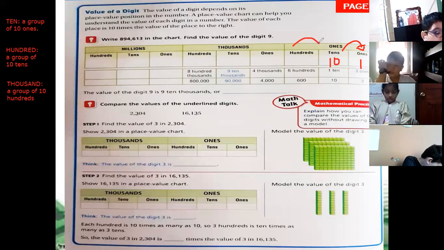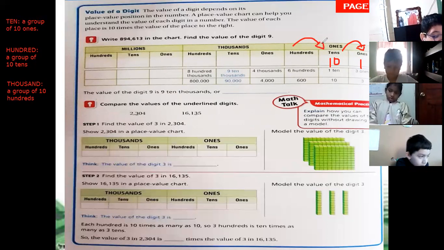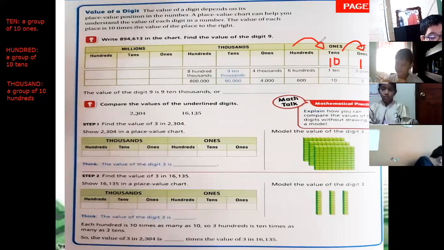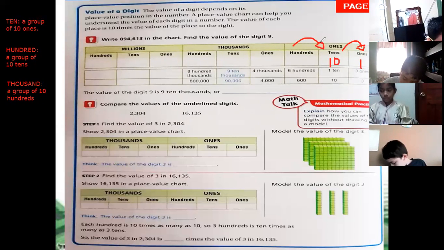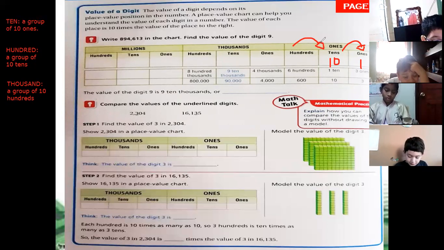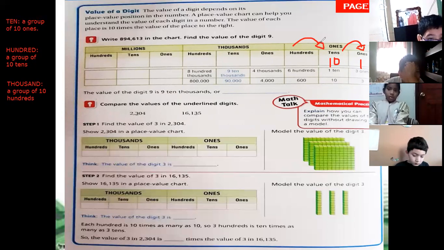The value of 100 is 10 times the value of the place to the right. If we count 10 for 10 times, it would be 100. If we count 10, 20, 30, 40, 50, 60, 70, 80, 90, 100. So we count 10 times by tens.